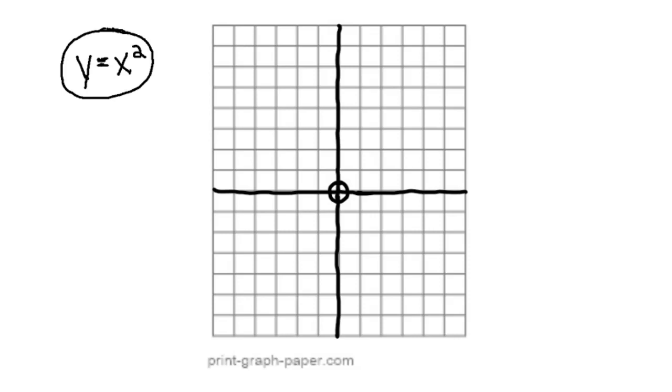So y equals x squared, that's your baseline. That's your basic parabola graph. And it looks something like this. See, it goes down, it makes a U right at that 0 point, and it comes back up.